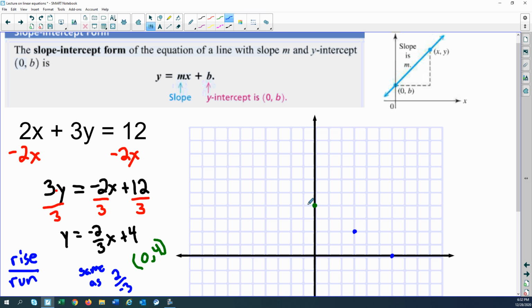So the 2 would tell me that this time we're going up 2, and the -3 tells me I'm going left 3. Notice I'm still on the same line, just on the other side of the y-intercept. Same idea, this process continues. And then you connect them to get your line.